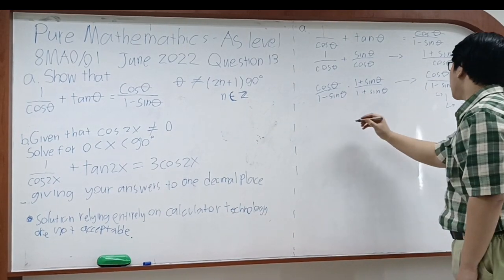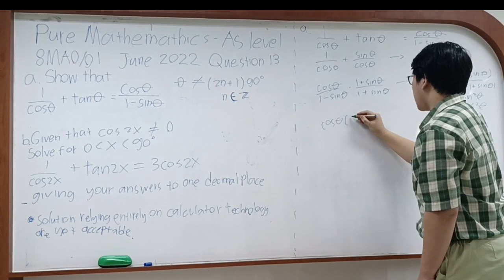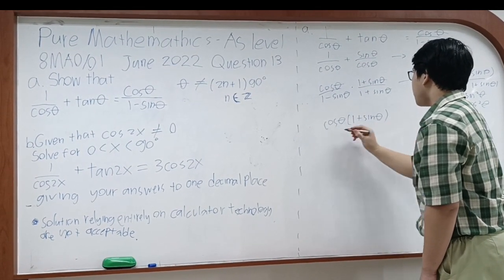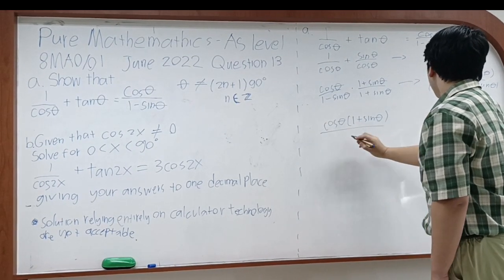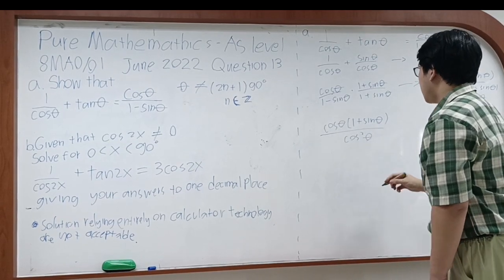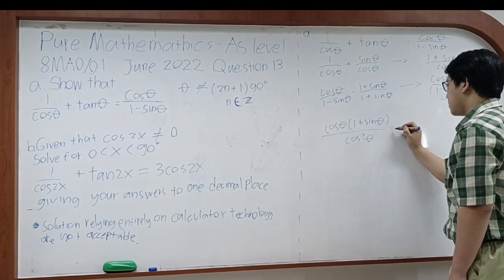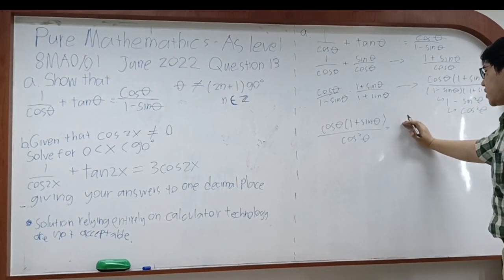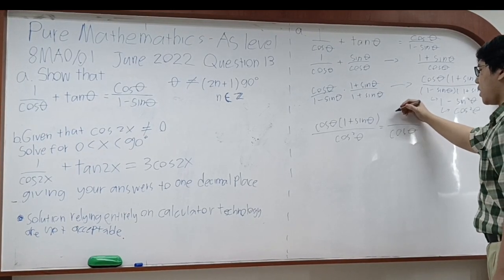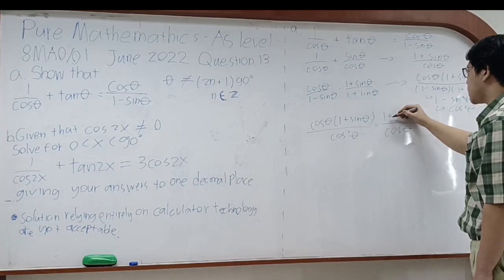So the new equation will become cos theta multiplied by 1 plus sin theta over cos squared theta. We're just going to get rid of the cos by dividing by the denominator, which will give us cos theta in the denominator, and at the top in the numerator, we're just going to be left with 1 plus sin theta.